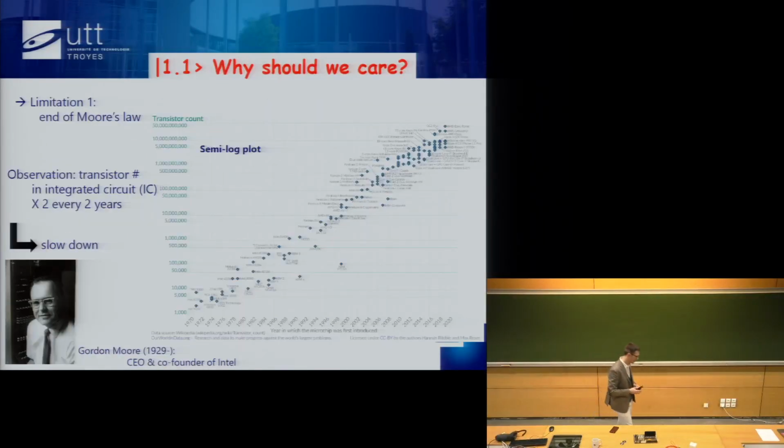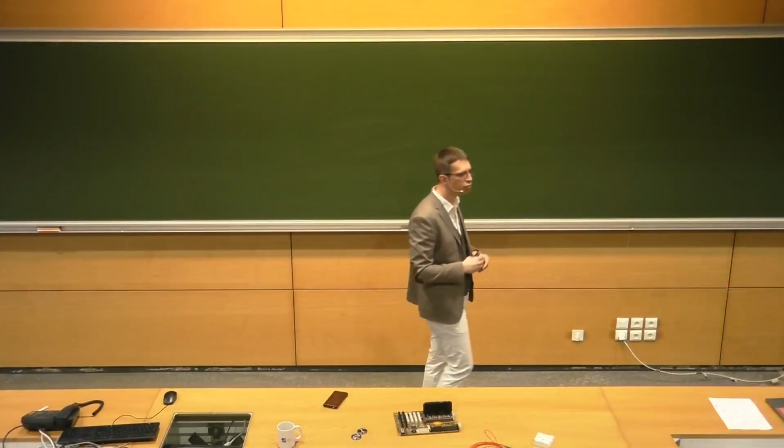So the first one, as you probably heard before, is the so-called end of Moore's law. This man, Gordon Moore, was CEO and co-founder of Intel. There's a famous prediction by Moore, out of an observation, that in electronics, computing, and all sorts of electronic devices, the number of transistors in an integrated circuit, like this one, doubles every 2 years or so.